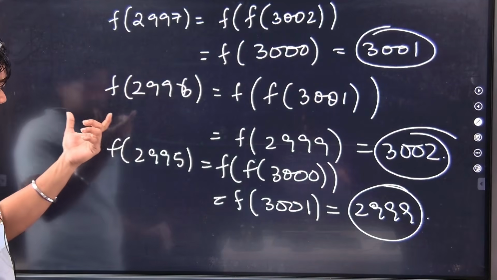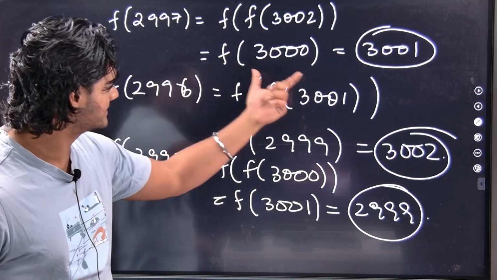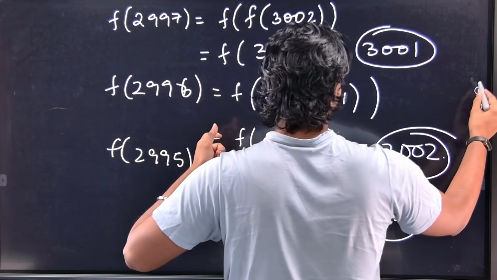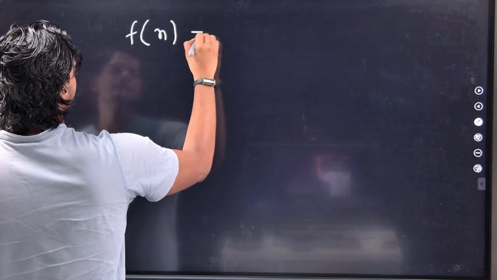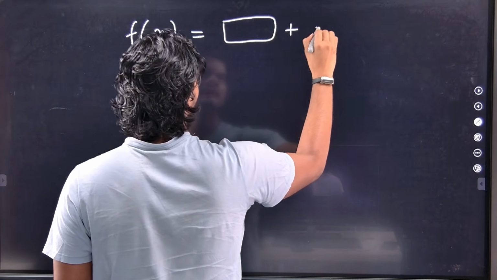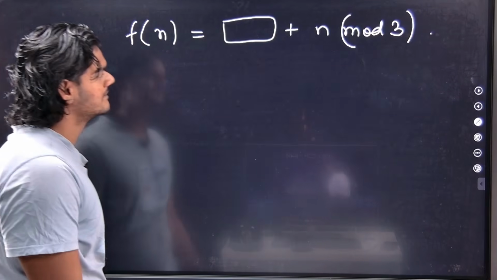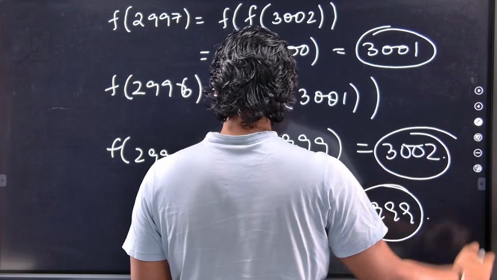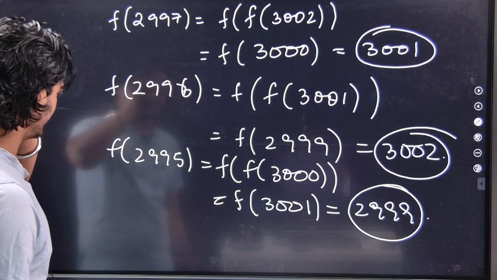Okay, so what is the relation between f of 2995, 2996 and 2999? It is repeating in threes. So I would want to write f of n as something plus n mod 3. Can I do that? That makes sense? Plus or minus, it can be minus also.